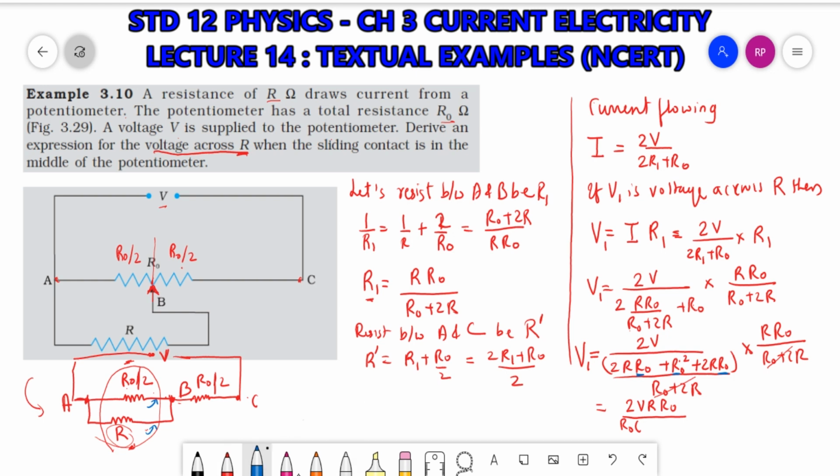Now it will be 2R plus 2R, that is 4R, plus R0. So R0, R0 get cancelled. So the voltage will be equal to 2VR upon 4R plus R0. This is the voltage across R when the sliding contact is in the middle of the potentiometer. So this was about 3.10. Just note it down.